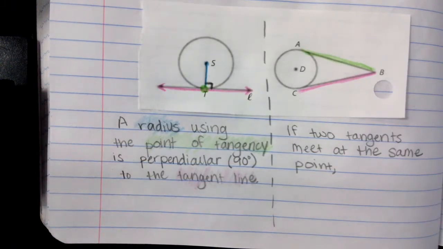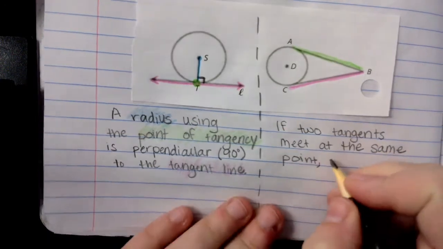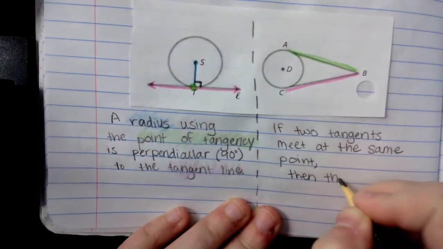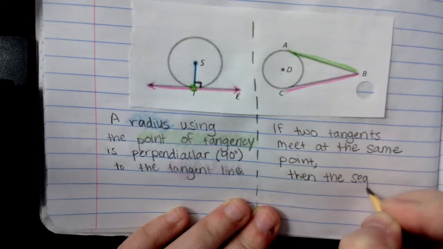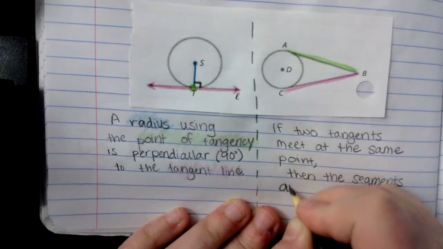B. Yep, they meet at B. They intersect at B. Then we know that those segments are congruent.